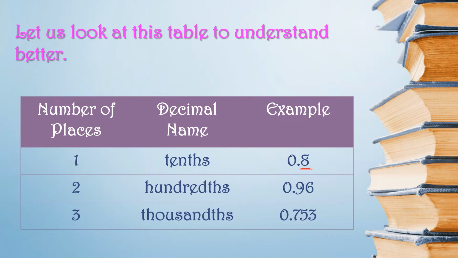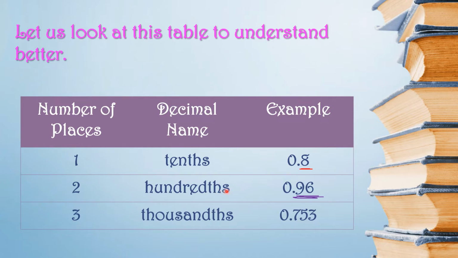So one place means tenths. Now if after the decimal you have two digits, the digits are 9 and 6, what will be its decimal name? Its decimal name will be hundredths.